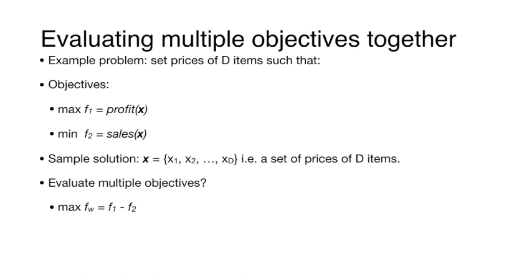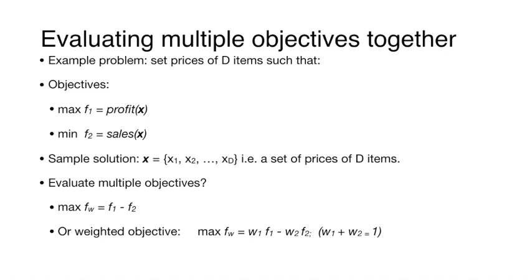Notice with FW, the importance of both F1 and F2 is equal because their coefficients are 1. Instead, we may decide that one objective is more important than the other. For example, we decide that making a high profit is more important than decreasing sales. In that case, we can attach weights to each objective.